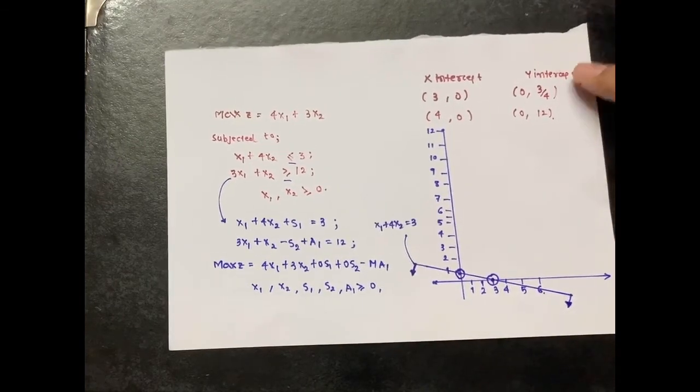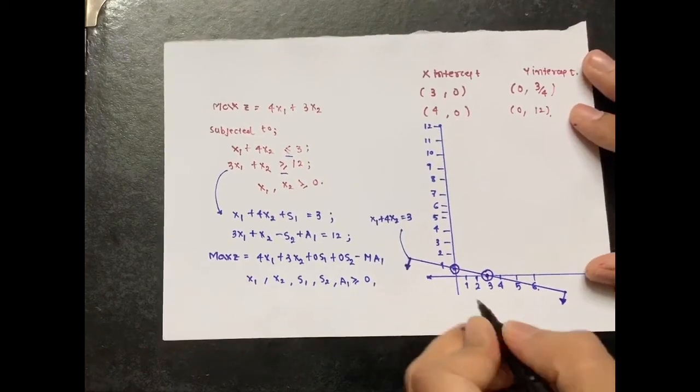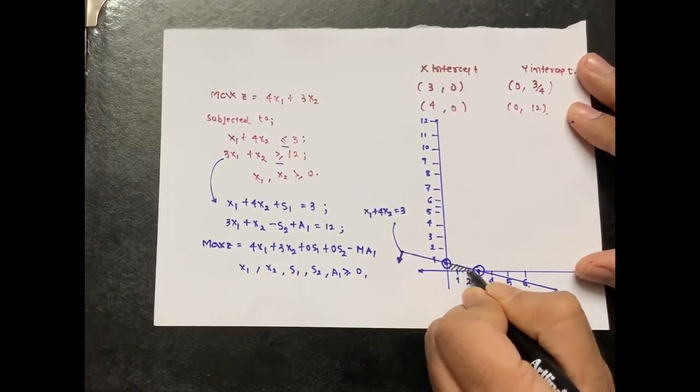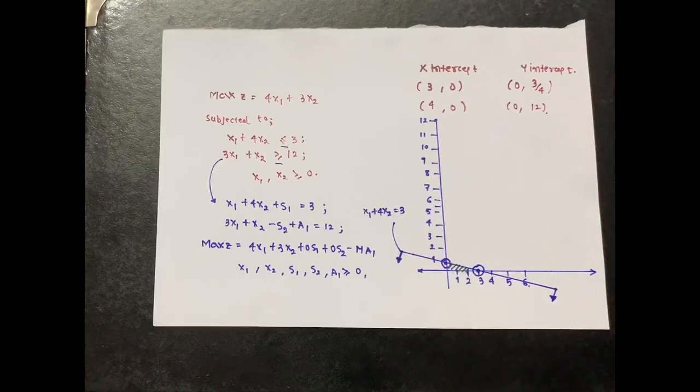What it indicates is that this particular region is my feasible region in this case.